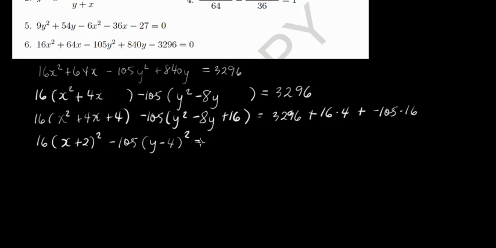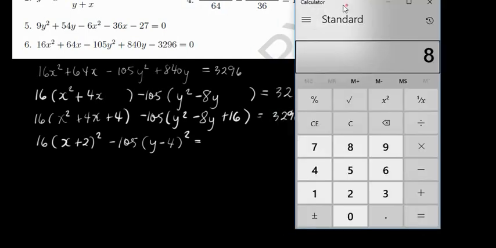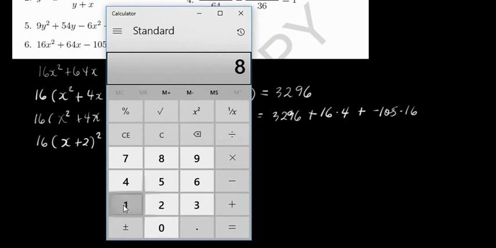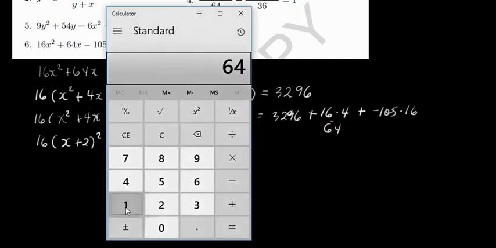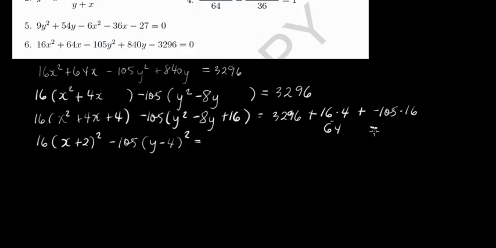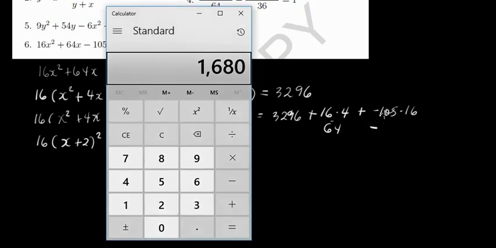Now, so let's compute for this. Let's again get our calculator. Let's compute first for 16 times 4. 16 times 4 is 64. And the other one is 105 times 16. That is 1,680, and it's negative, once again.